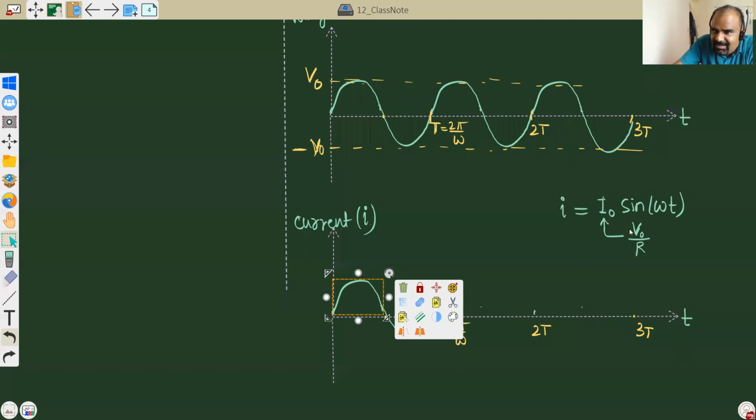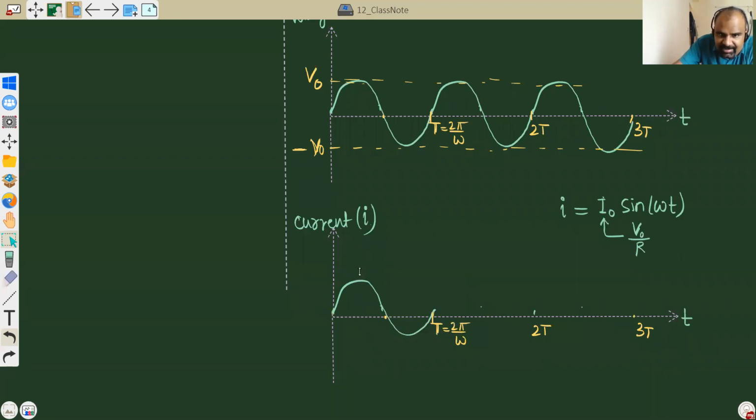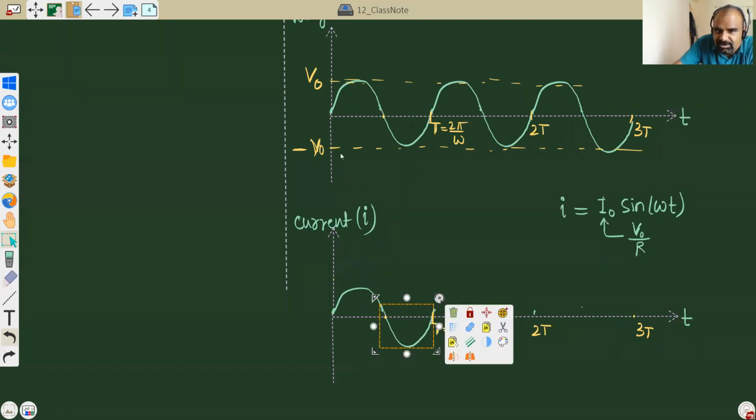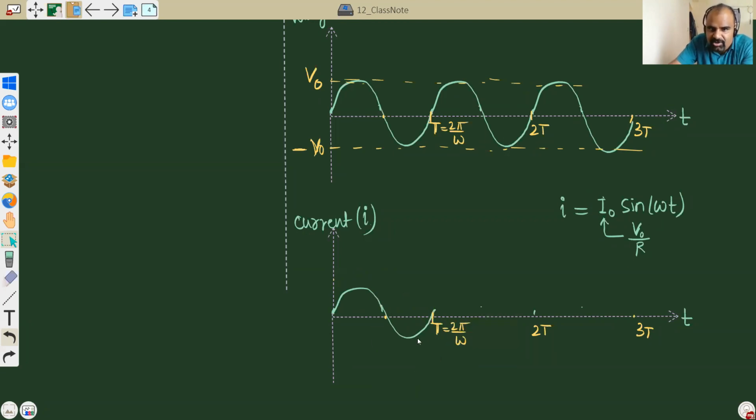And when you divide it by the resistance, you get the peak current, and that will be slightly smaller. Similarly, on the negative side, it was earlier up to this one. And when you divide it by the resistance, if the resistance is greater than 1, which in most cases it is, this current will become less than V naught. It will be V naught by R.